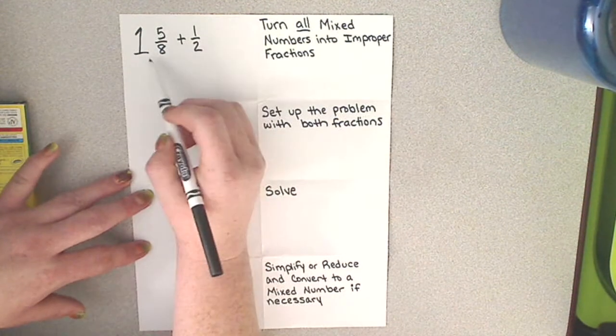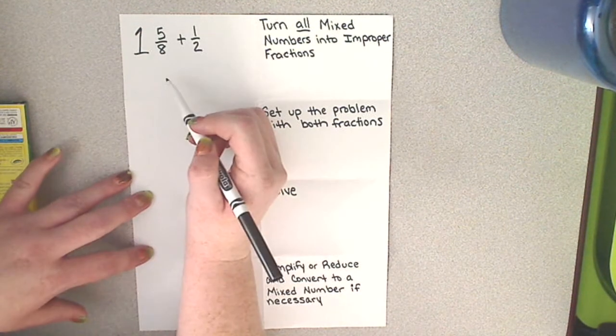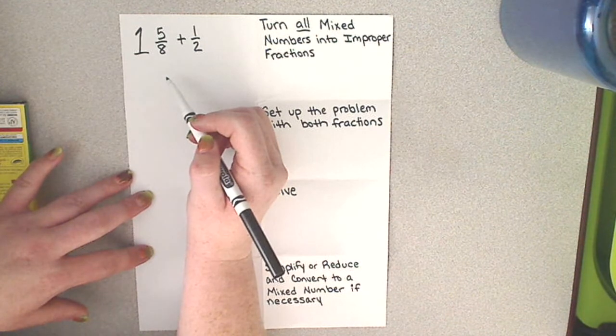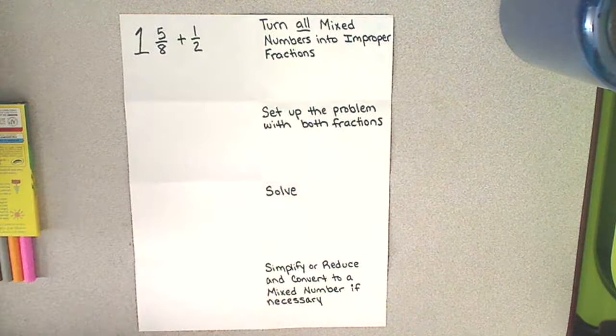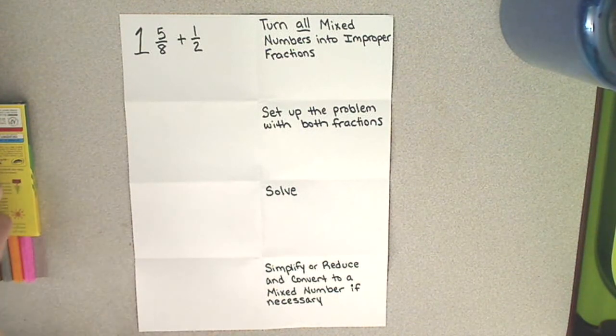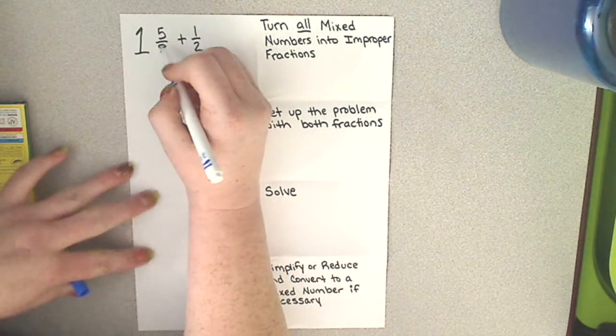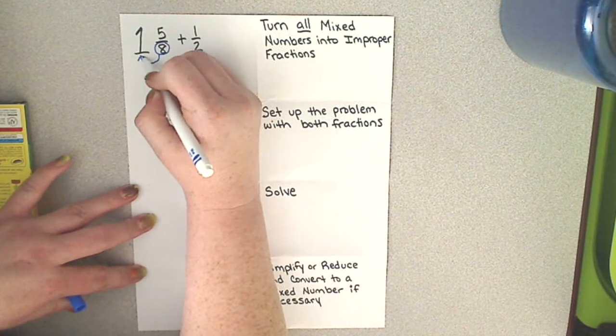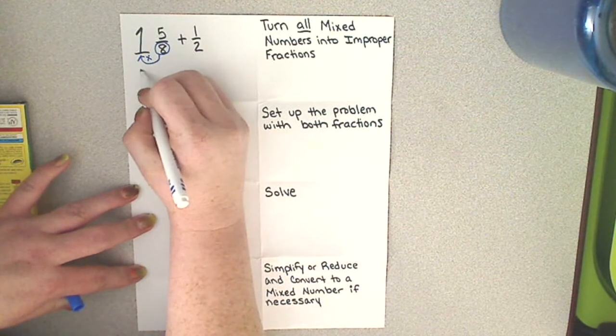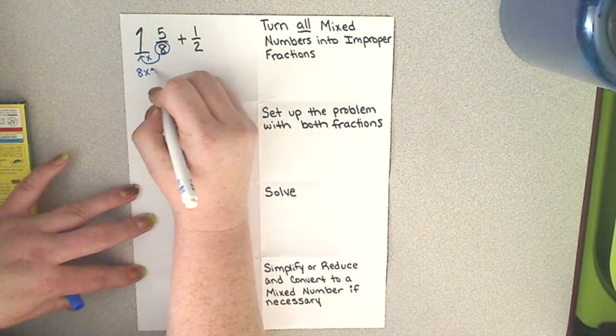So we need to start by turning this 1 5/8 into an improper fraction. Now, if you remember the steps from the other video that we watched the other day, you have to multiply your denominator by your whole number. So 8 times 1.